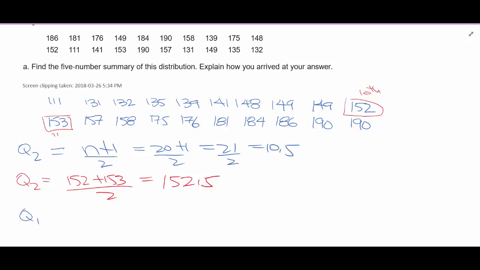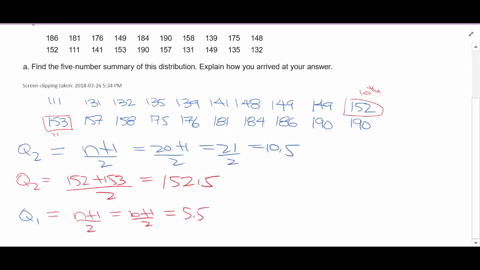I have to find the median now of the lower half of the data, and that's Q1. So Q1 is going to be equal to, there are 10 terms in the lower half of the data. So Q1 will be n plus 1 over 2, which will be 10 plus 1 over 2. 10 plus 1 is 11, 5.5.